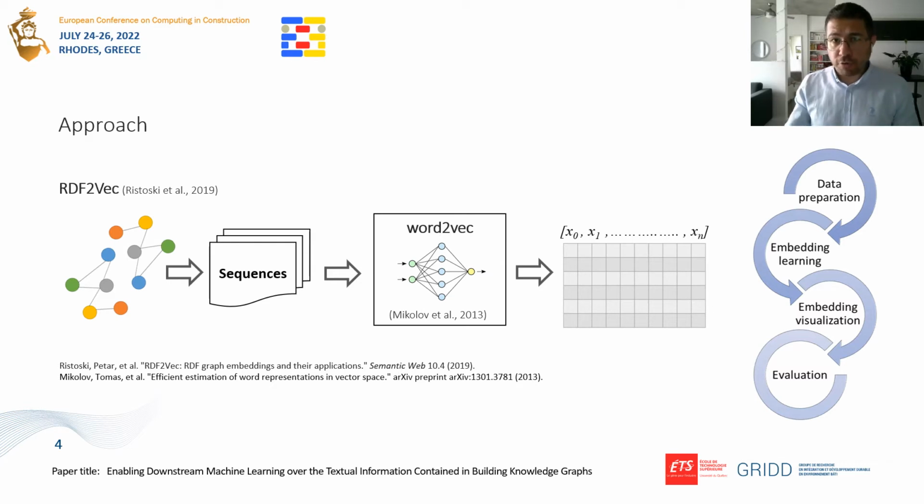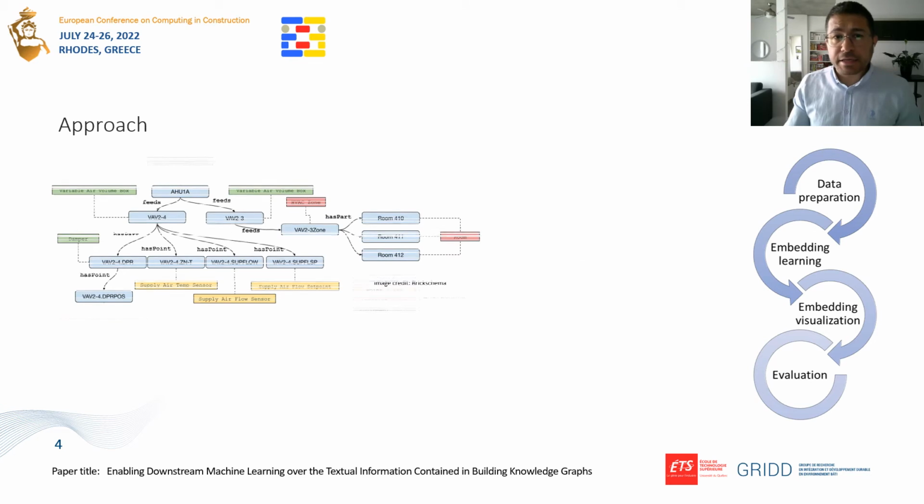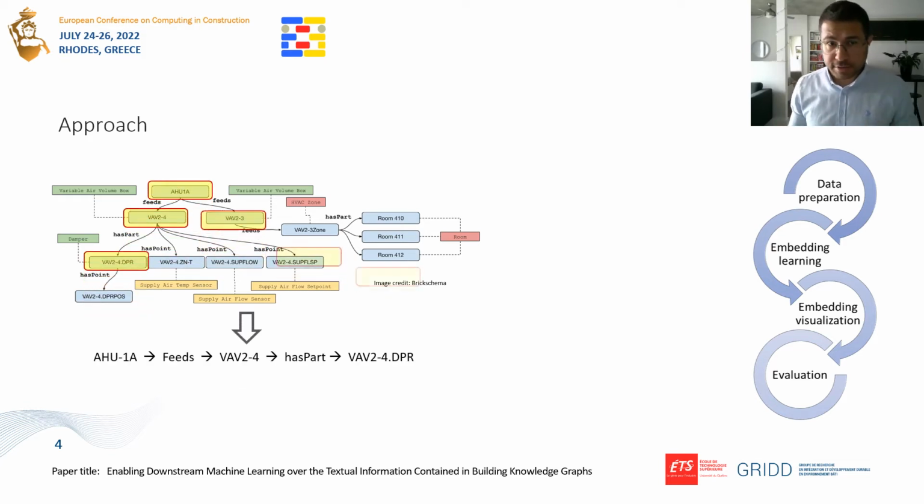To do a quick overview of how RDF2Vec works, as the first step, we need to convert our graph data into sequences of entities and relationships. To do so, one option is to perform random walks on our graph network. To give an example, we take any random path between a starting and ending node and just follow the links to build our sequences.